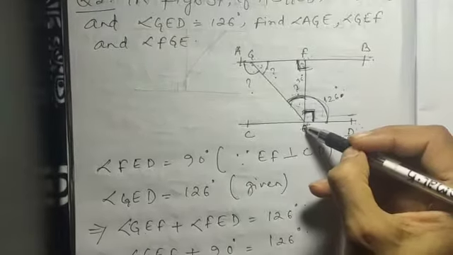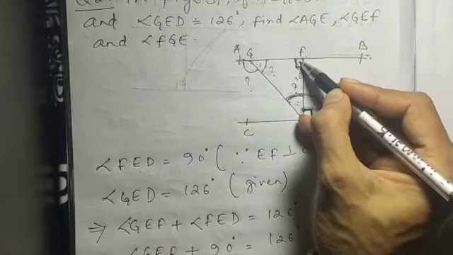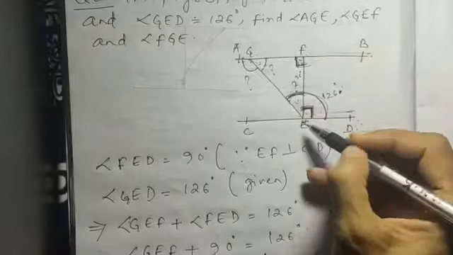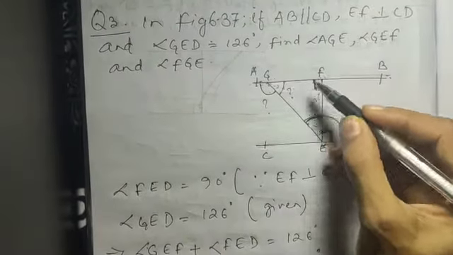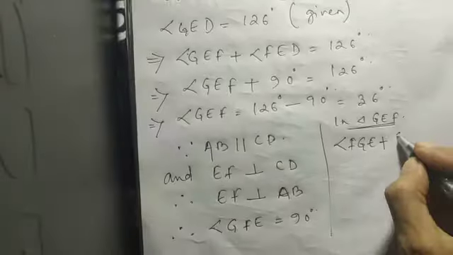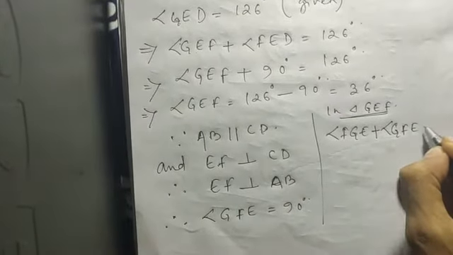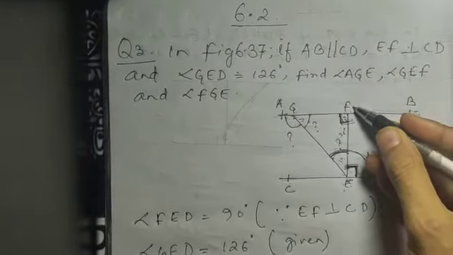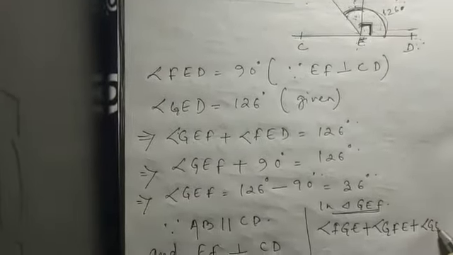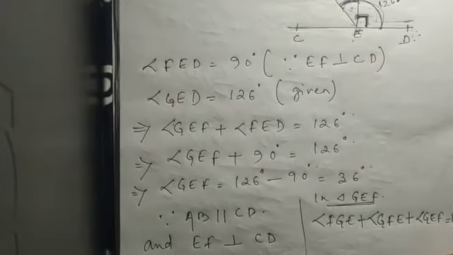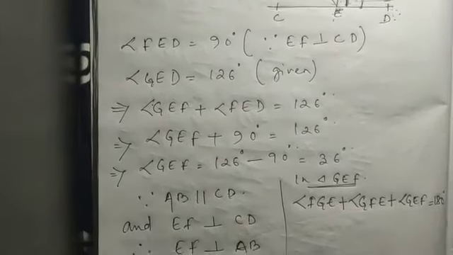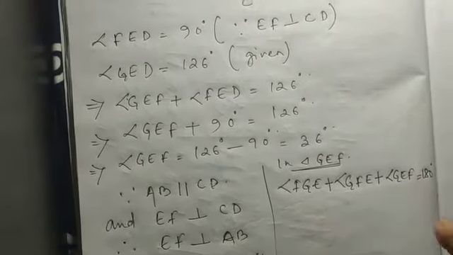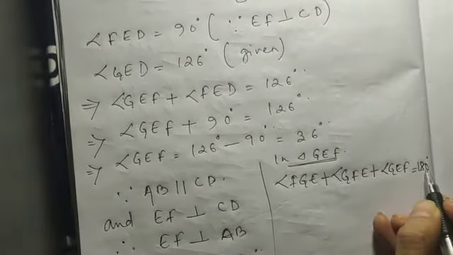So this angle name will be EGF or FGE, whatever, angle FGE plus angle GFE plus angle GEF, the sum of these three is equal to 180 degrees, right? This is a property of a triangle. The sum of three angles is equal to 180 degrees.